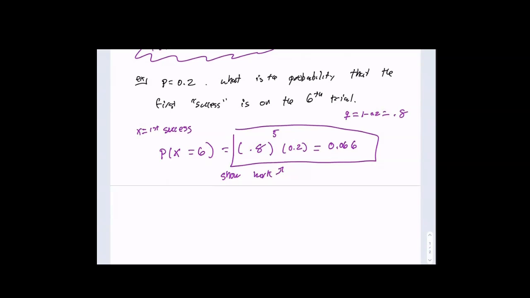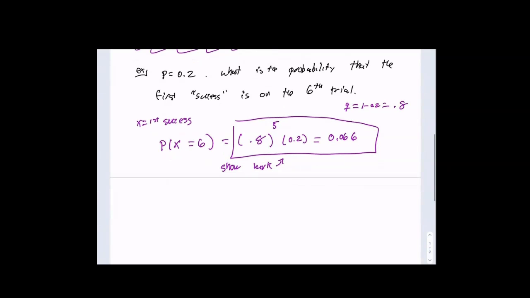So those are going to be the basic problems that you're going to do. All right. Now, as a review, let me count that as question A. B, just as a review question, what is the probability that I get at least one success in 6 trials?